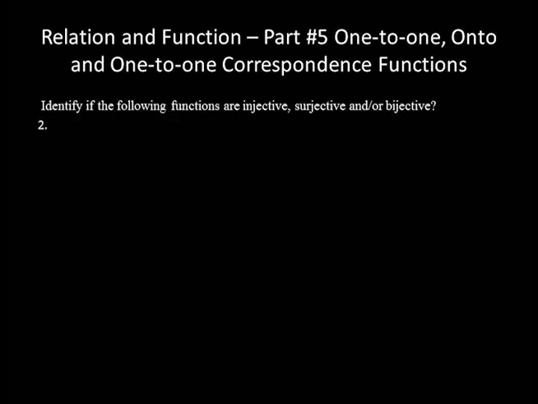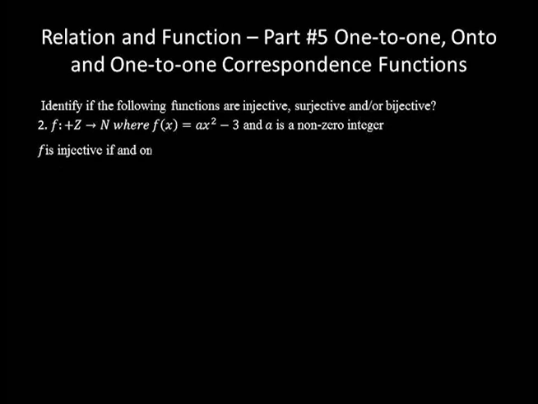Question number 2. f is a function mapped from positive integers to natural numbers where f of x equals ax squared minus 3, and a is a non-zero integer. f is injective if and only if f of x1 equals f of x2 implies x1 equals x2. f of x1 is ax1 squared minus 3, equal to f of x2, which is ax2 squared minus 3.